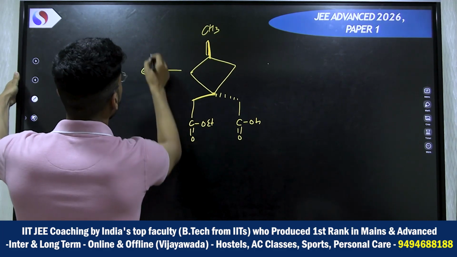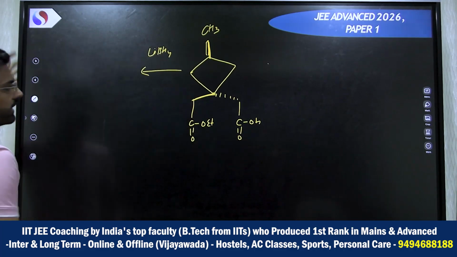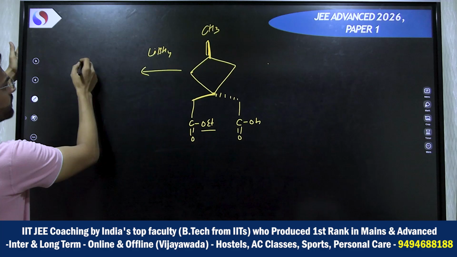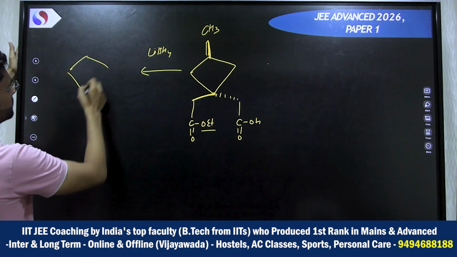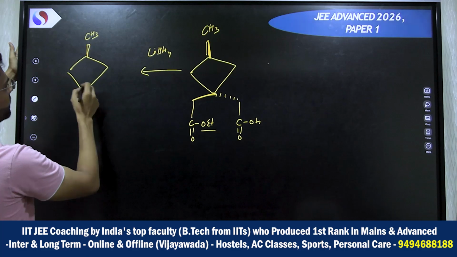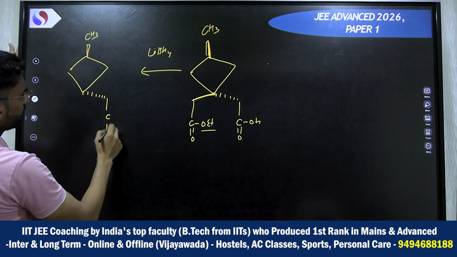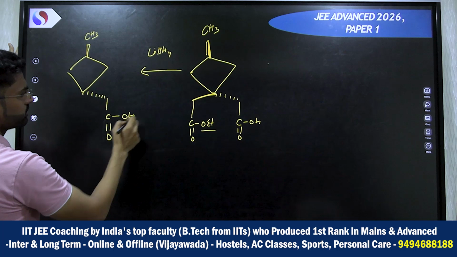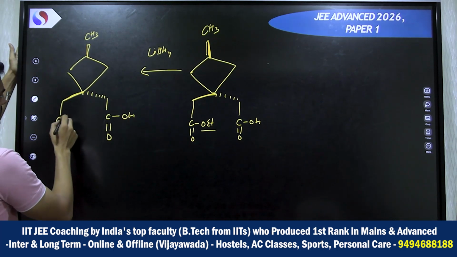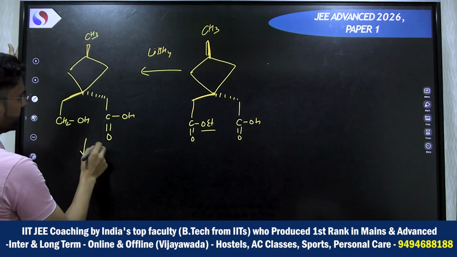If you are adding lithium borohydride, this will be converted into an OH group. So there it is a CH3, C double bond O, this is OH, this is CH2OH. Further, if you are adding acid, what will it do?